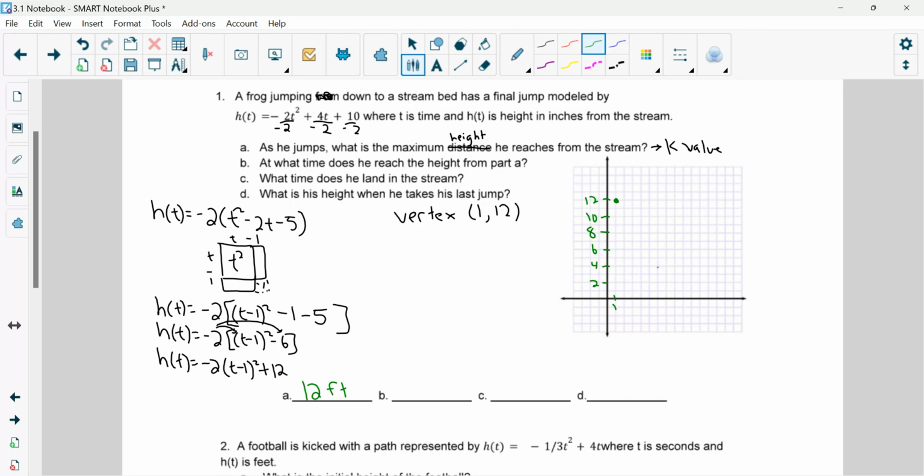Sorry, inches. Does it say inches anywhere? It does say inches. Okay, that's what I thought. All right, so we need 12 inches. And the t is in seconds, we're going to say. That should be in there.